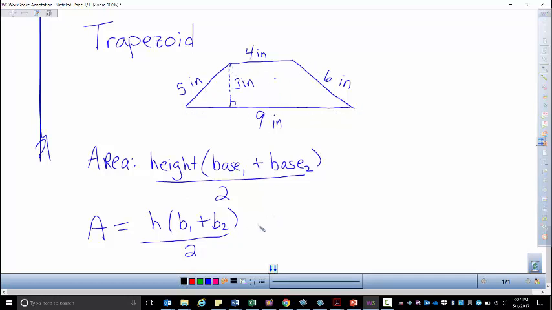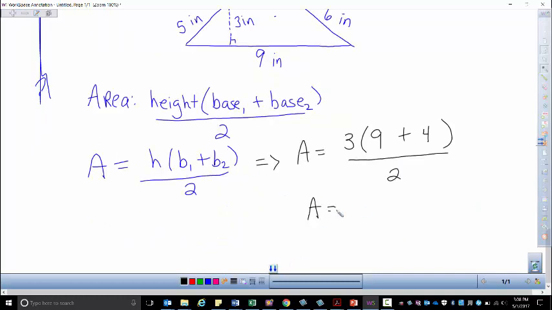They're horizontal. So for this particular problem, I would have area equals my height is 3 times the quantity. My base 1 is 9. My base 2 is 4. And then I divide by 2. And when I follow order of operations, I add first.